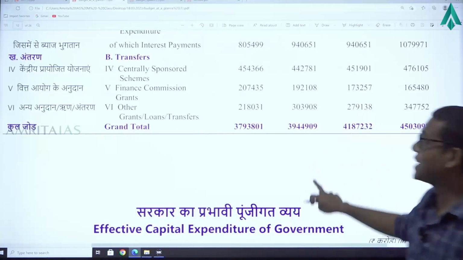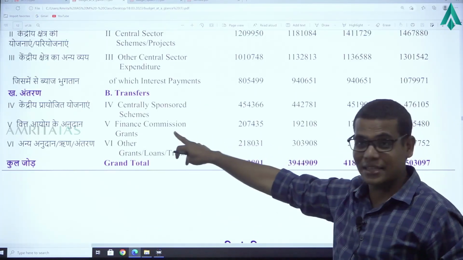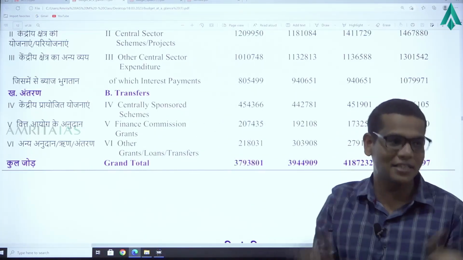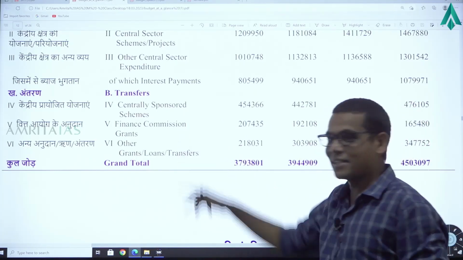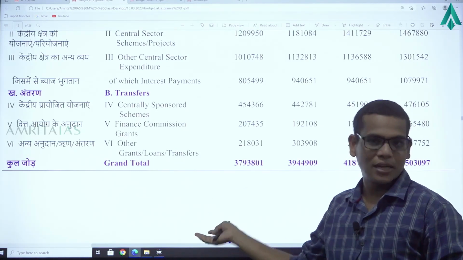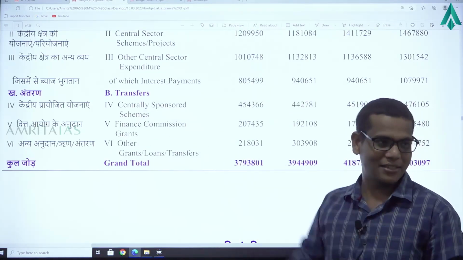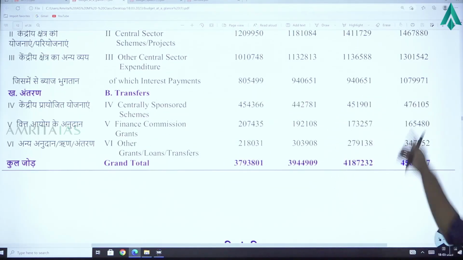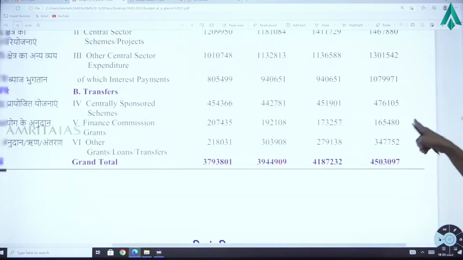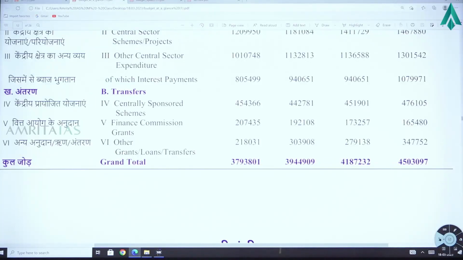Centrally sponsored schemes, the government is doing out of its own wish, no one is asking. Finance commission grants 275 compulsory, 282. Devolution anyway is compulsory. Why are they implementing this? That's why I told you, the states are not asking for this amount. Please don't give this amount, just give this amount as devolution. Is it okay?